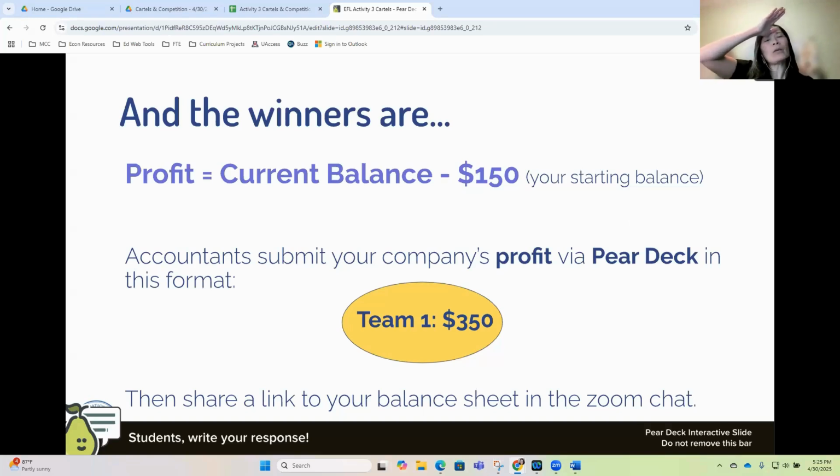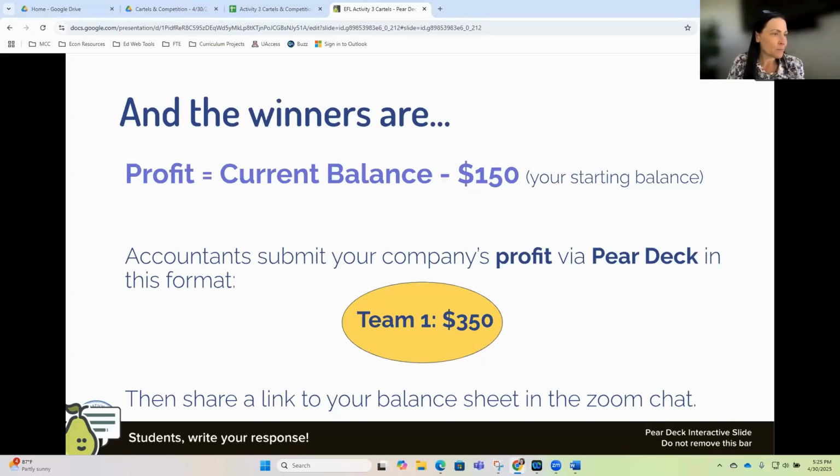Why would we subtract that starting 150? Is that money that we have to give back? It's just money you started with. It doesn't represent money you earned as a profit from this endeavor. It was like your seed money. Okay, so like a loan. Yes, like a loan. Okay, thanks.